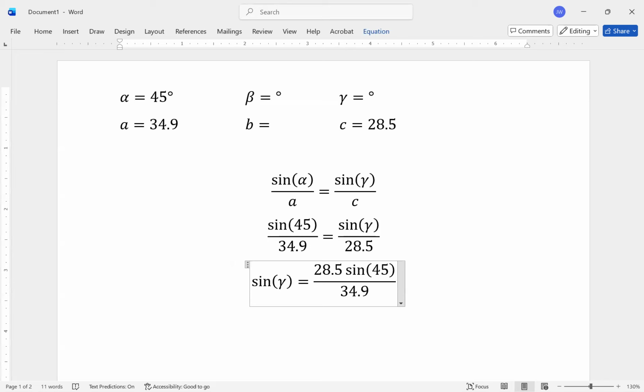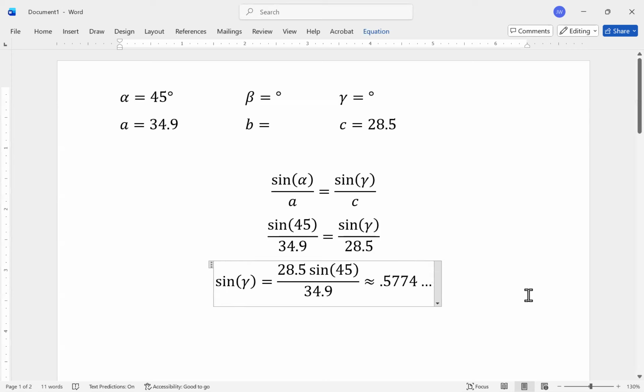That can be calculated using a calculator. Just type it in to the trig functions. That's approximately 0.5774. It goes on from there.